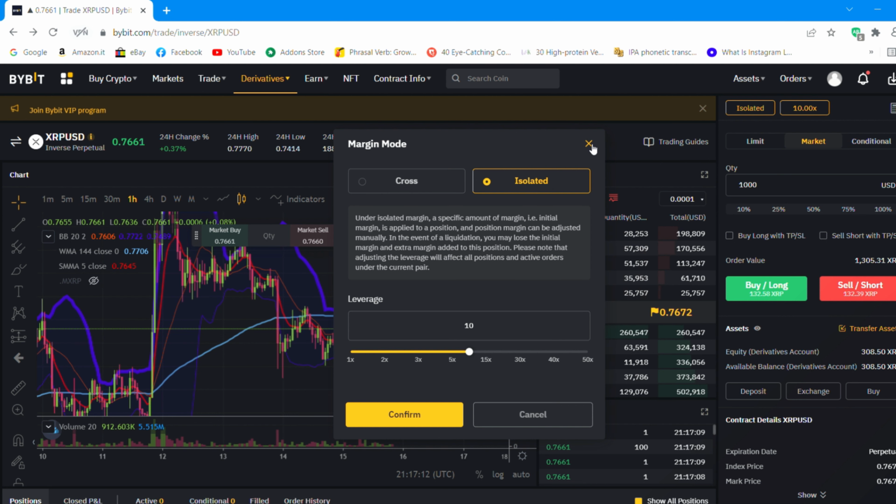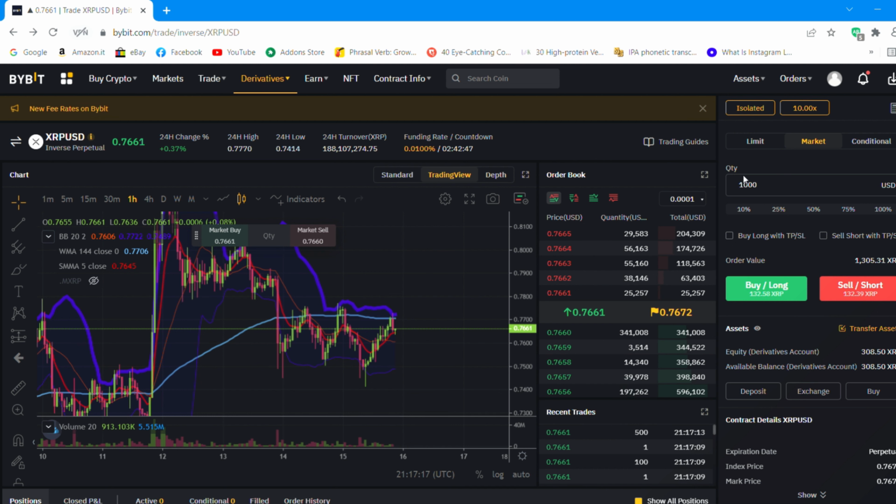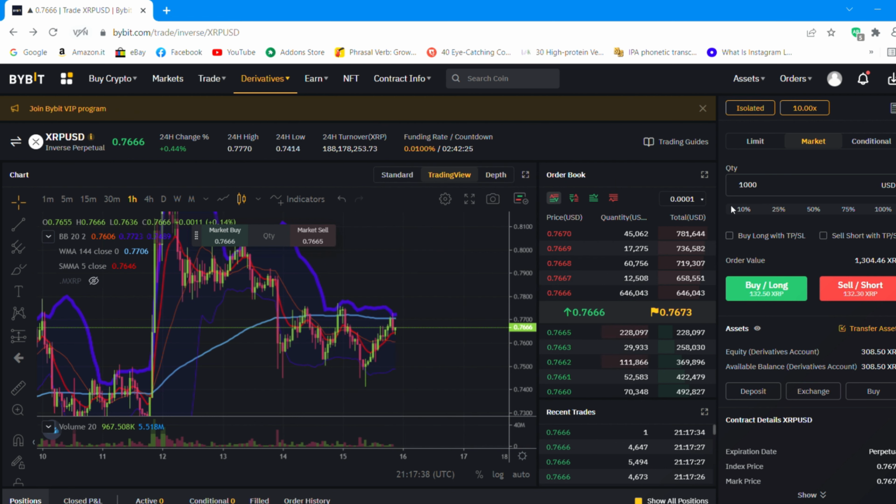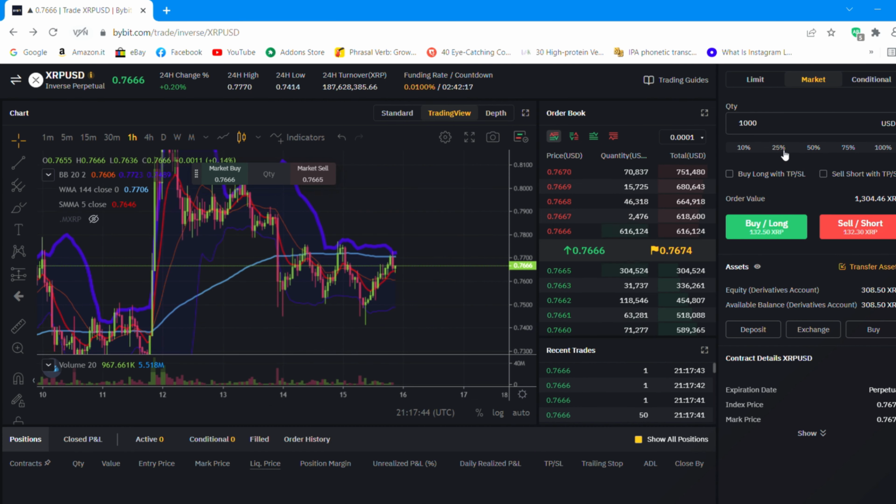I don't want to have all my trading kitty, because my hodl is in Binance, and then I have trading kitties in my account. I never use the cross type, because that would expose all of my account to that. So in order to buy $1,000 at 10x, I would put in $100.